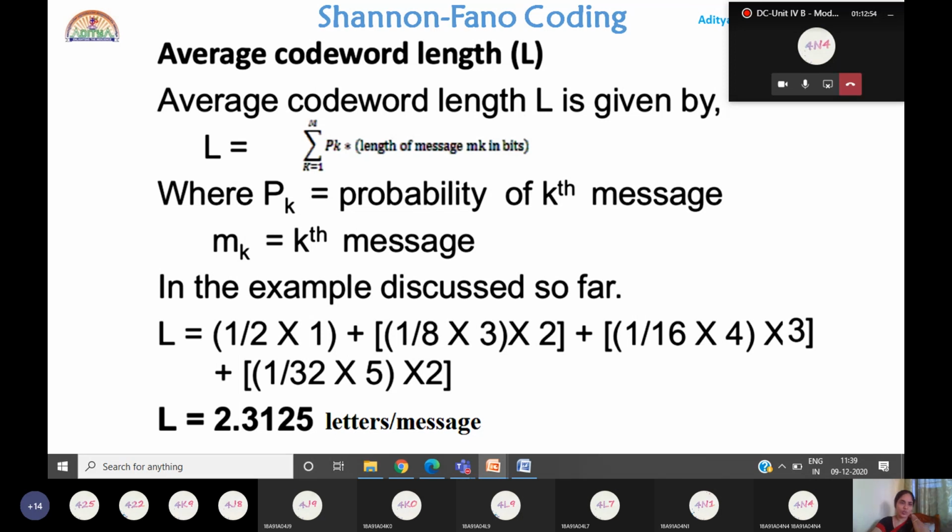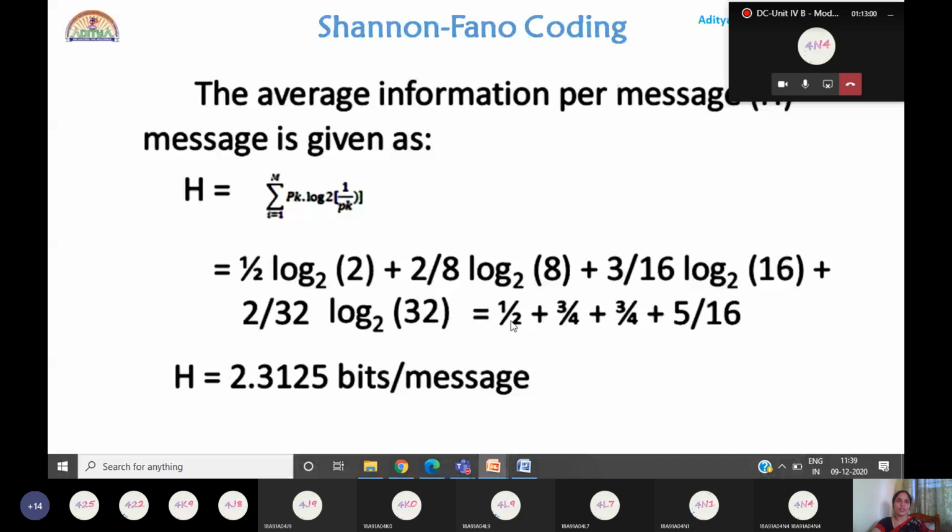Tell me whether it is 2.3125 letters per message or not. Check once, and the same way tell me the entropy is 2.3125. The same value comes in this example. Check and tell me what is the efficiency for this source encoding process. Please check this.